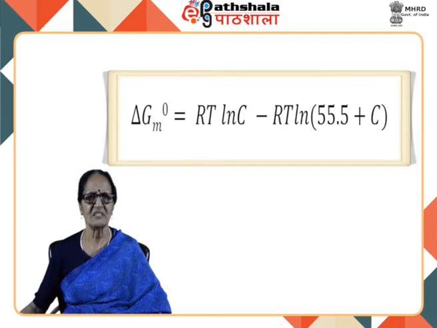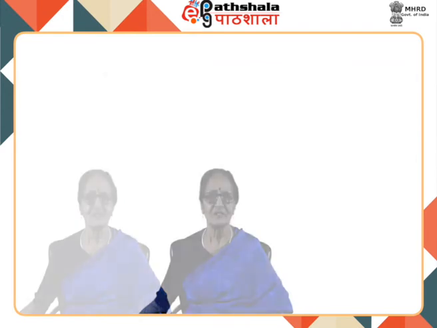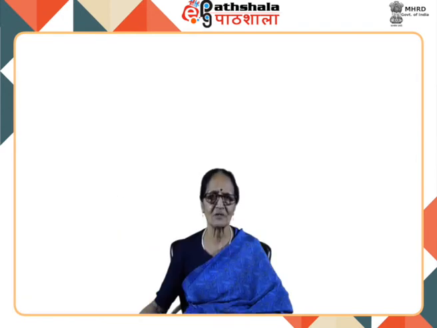Strictly speaking, this is incorrect, since delta G0 should be based on mole fraction X1 rather than on C. Delta G0 obtained when the CMC is expressed in mole per decimeter cube is substantially different from that found with CMC expressed in mole fraction. This can be seen from the following example.